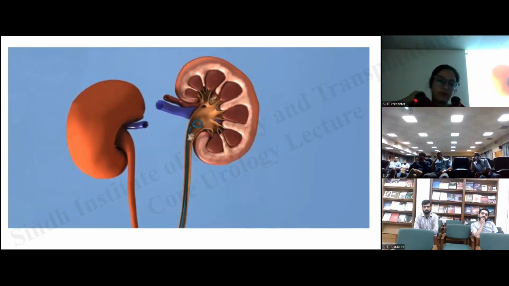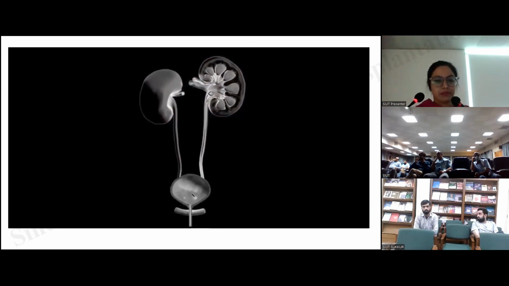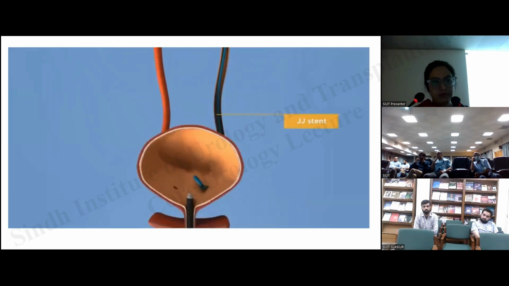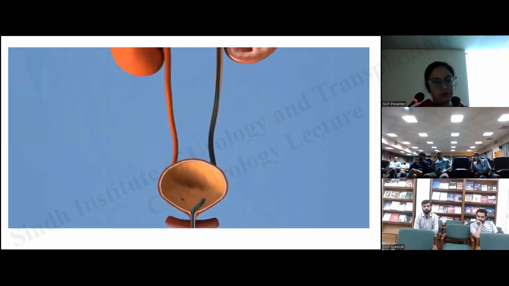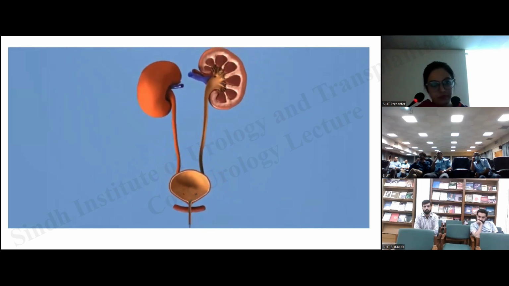X-ray is used to check that both ends are in place in the kidney and the bladder. The stent is later removed or is sometimes used as a temporary intervention before treating the stone with another procedure. You will be discharged from the hospital when you have been able to empty your bladder sufficiently and you have no fever or other complaints.